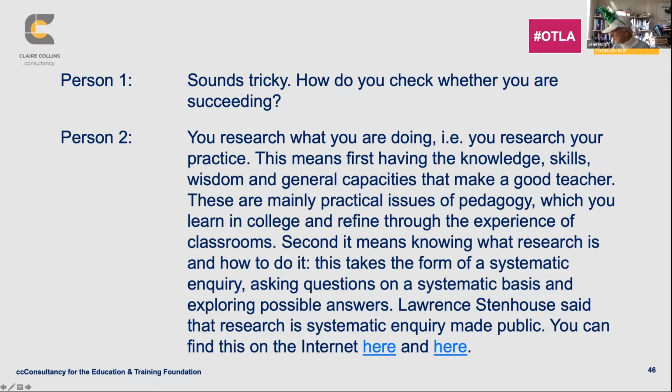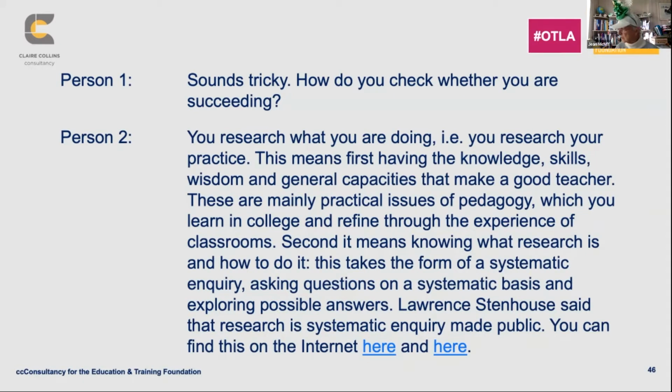Sounds tricky. How do you check whether you are succeeding? You research what you're doing, i.e. you research your practice. This means first having the knowledge, skills, wisdom and general capacities that make a good teacher. These are mainly practical issues of pedagogy, which you will learn in college and refine through the experience of classrooms.